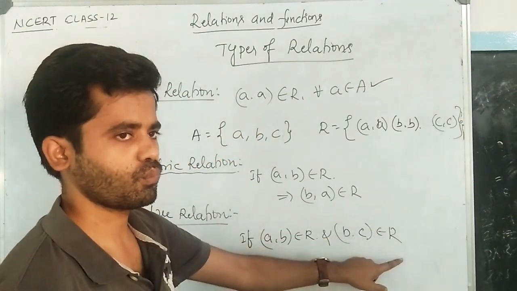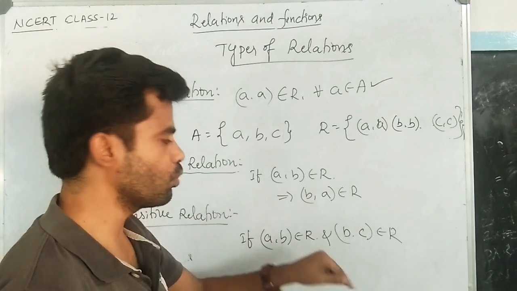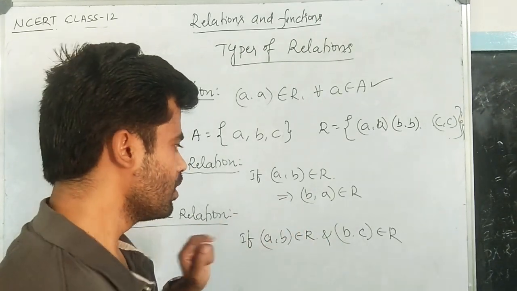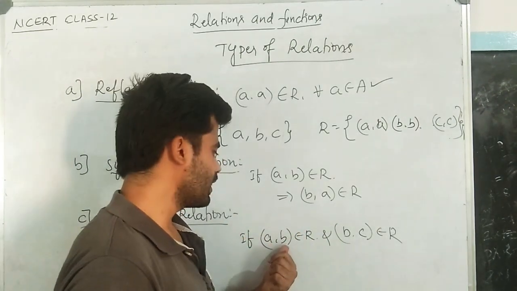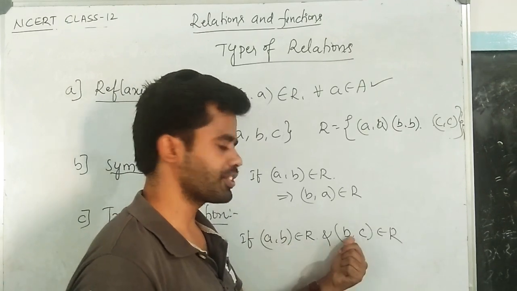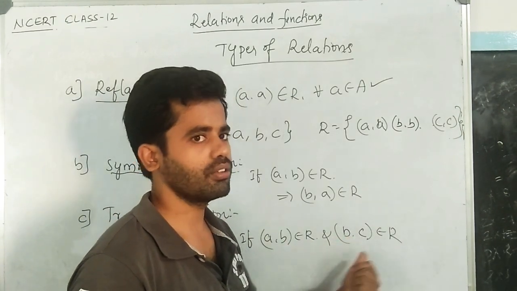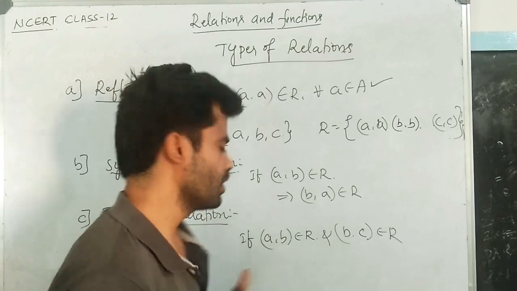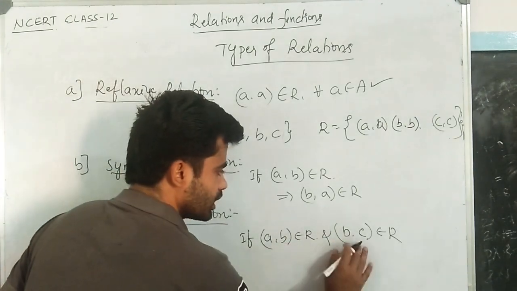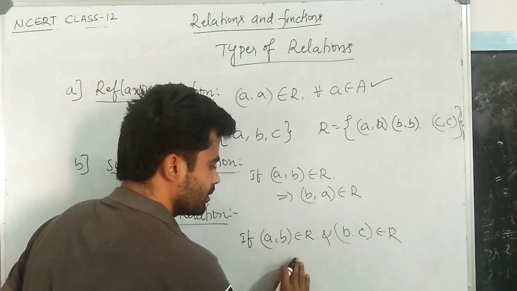One rule is how I should select: in the first ordered pair, the second element must be the same as the first element of the second ordered pair. Then only it will transfer.